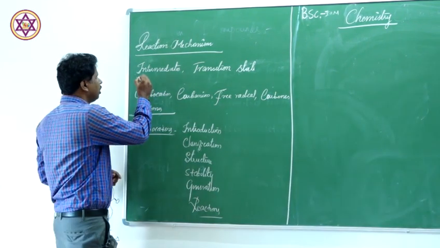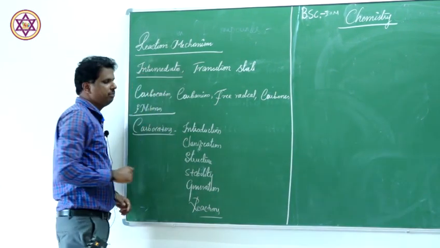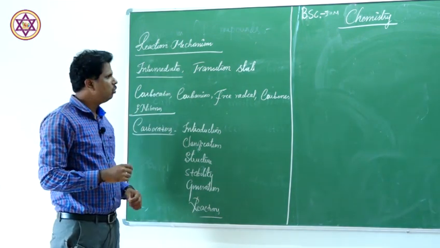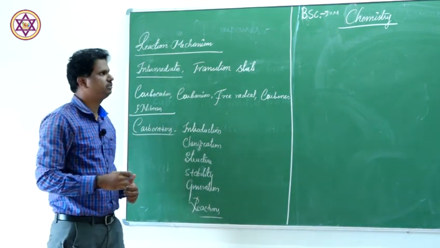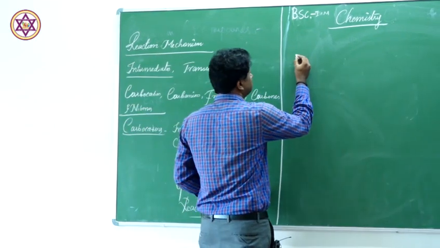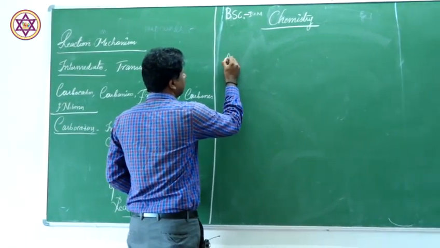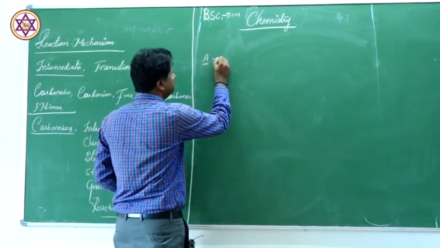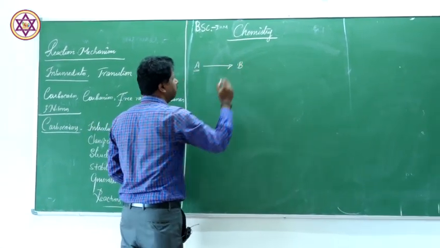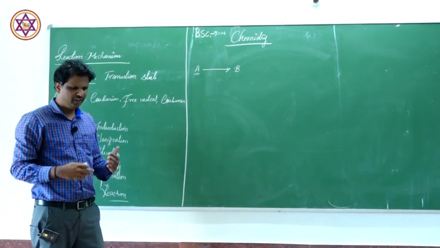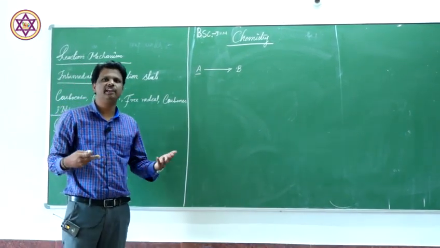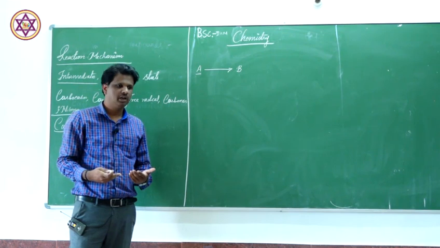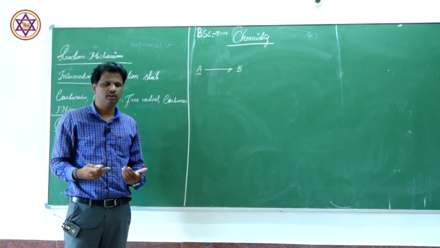Today's class we are talking about the reaction intermediates. Now, what do you mean by reaction intermediates? Let us assume that we have a reactant molecule A, which upon reaction gives the product B. Now, we generally assume that A is directly giving the compound B, but that is not what is happening.